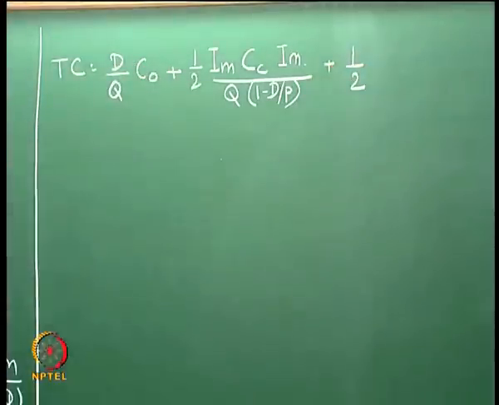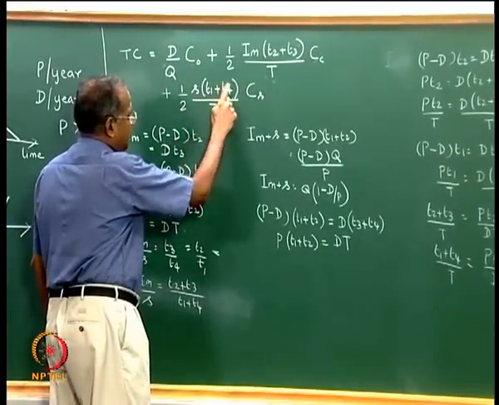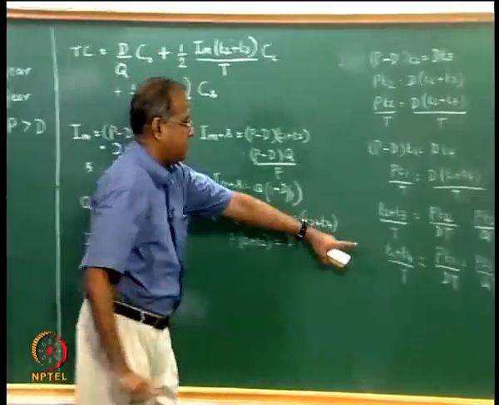half into, now the third term, half into S by T into Cs. So, (T1 + T4) by T we write from here.